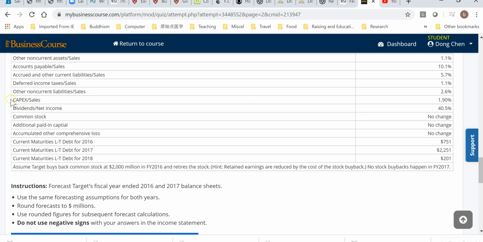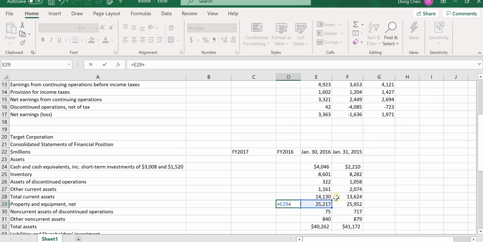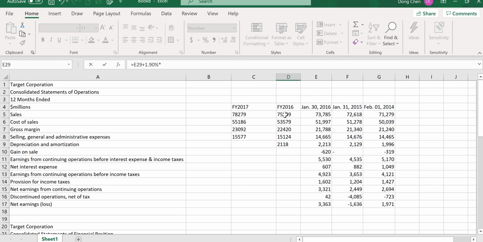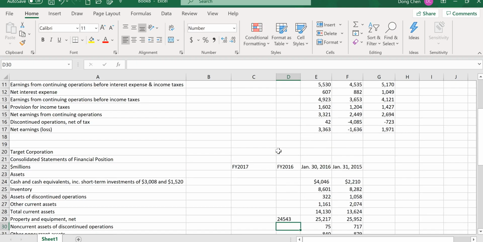So forecasted capital expenditure will be forecasted sales times 1.90%, with the forecasted sales right here, and then minus this depreciation and amortization expense. So that is the new net PPE.